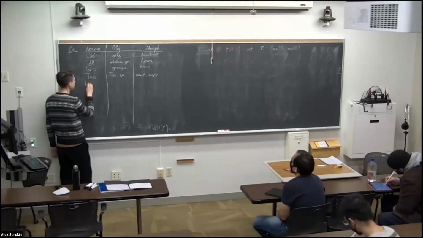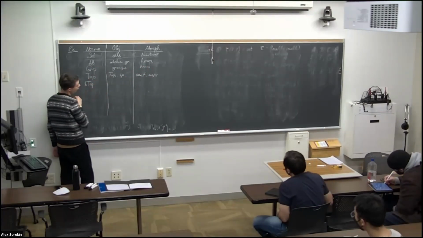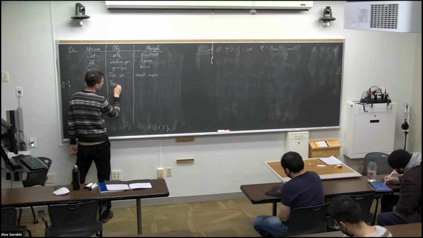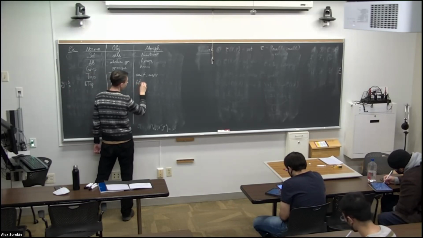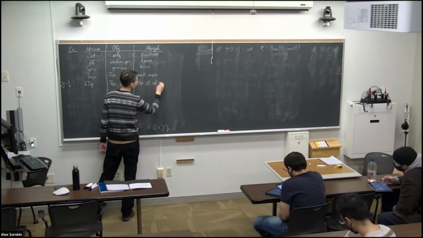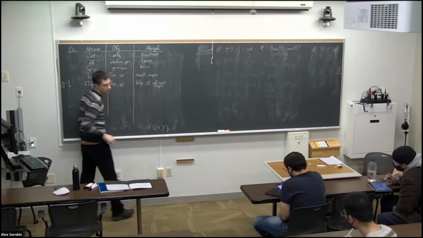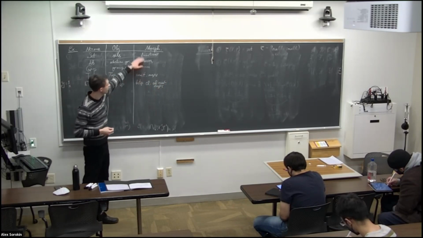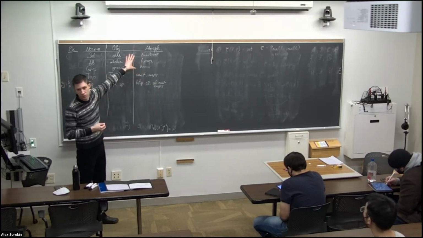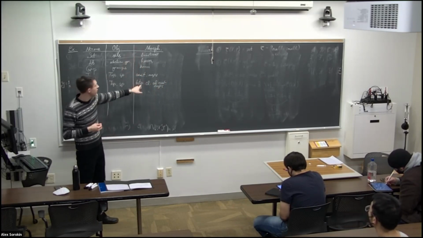Next, H. Objects are spaces. Morphisms are classes of continuous maps. In all previous examples, we had functions with certain properties, functions as in sets. Here, they are not functions.